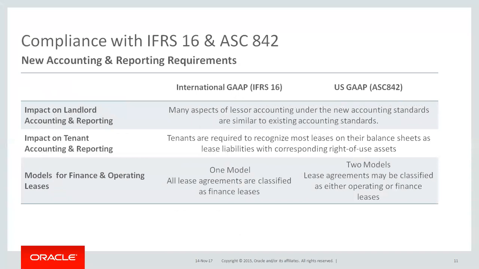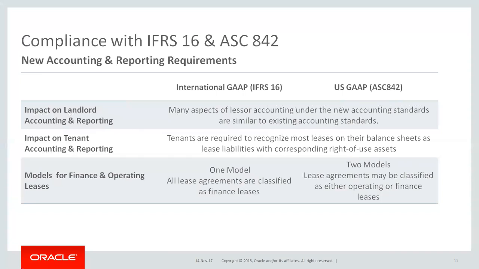Moving on to the tenant side, the US GAAP still maintains two models between finance lease and operating leases, whereas the IFRS has almost removed this separation line. So be it finance lease or operating lease, all the leases are going to be accounted similarly for IFRS purpose. The ROU amortization expense is going to be recognized on a straight line basis.